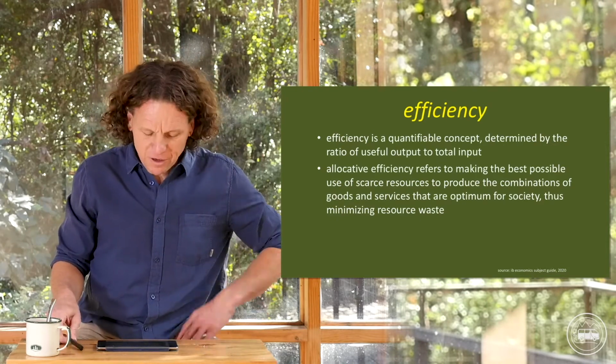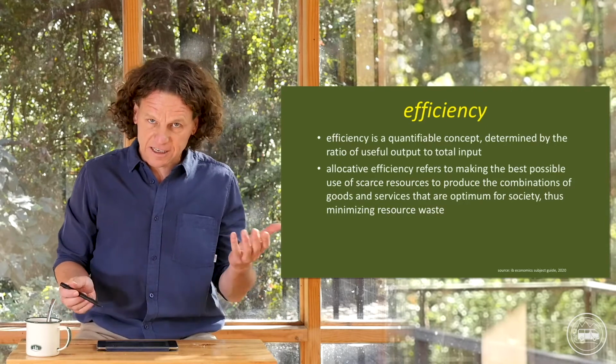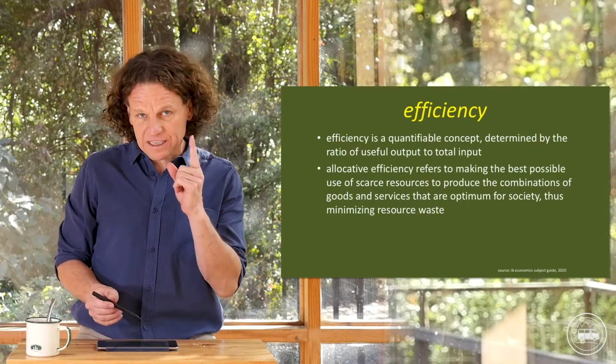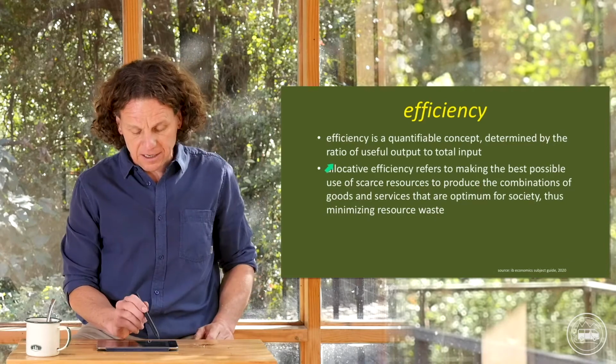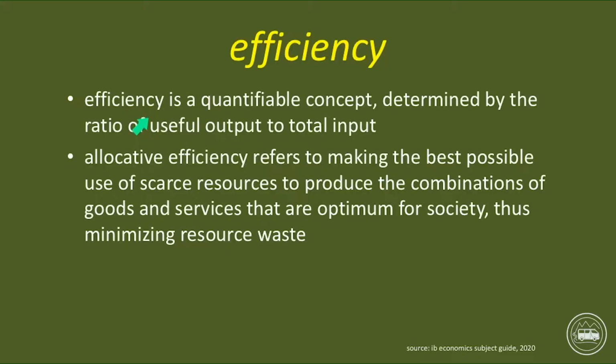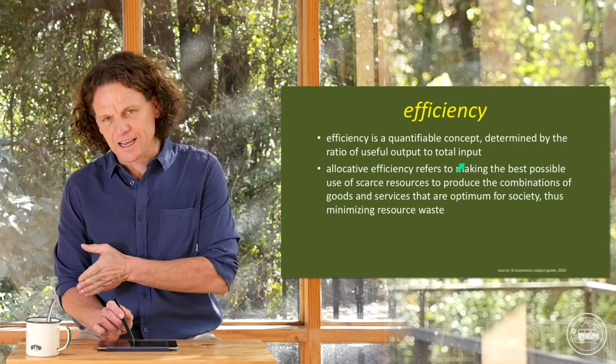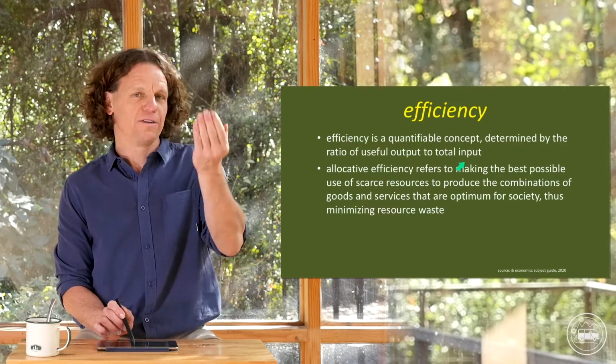Okay, so the technical definition of this central concept of our studies of IB economics: efficiency is a quantifiable concept determined by the ratio of useful output to total input. Okay, so input is what it takes to make something, output is what you produce.